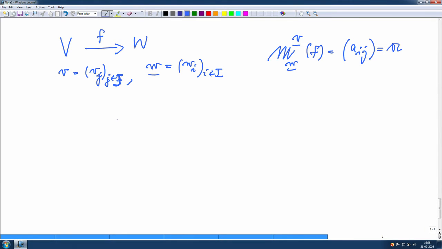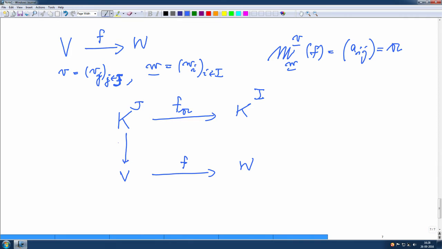Okay, so let me draw a commutative diagram. This is k power J to k power I. This is the map we have defined using this A, that is F_A. On the other hand, we have this map here, V to W, that was the given linear map F. And these vertical maps are isomorphisms, because the standard basis Ej goes to Vj.